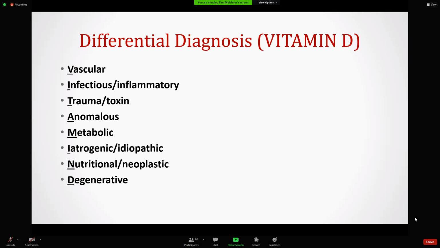Our favorite group, iatrogenic or idiopathic. So basically, if we don't know anything, then that might be that. Probably a rule out diagnosis, right? Nutritional? Probably not.